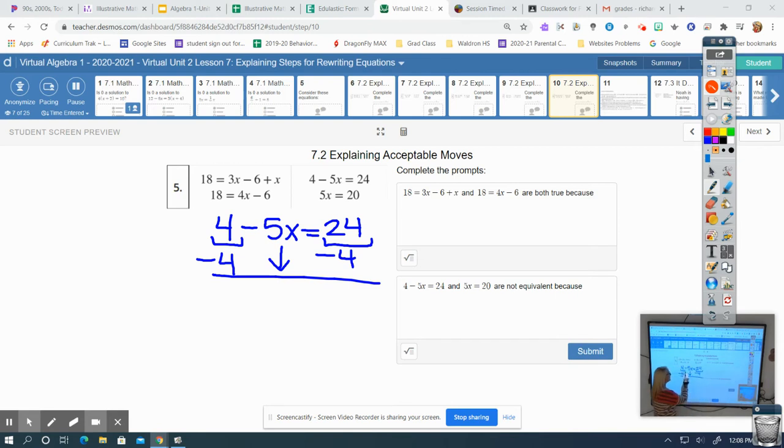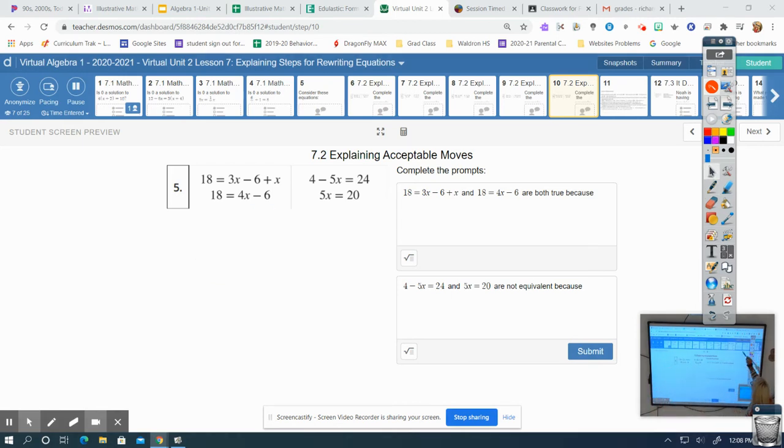Because it is minus 5x, you have to bring that negative down with it. So it should be negative 5x equals 20. And so they left that negative sign off on there. So you have to make sure that when you're solving equations, if you have a minus something after whatever term it is that you're moving, that minus sign comes down as a negative sign and stays with your problem.